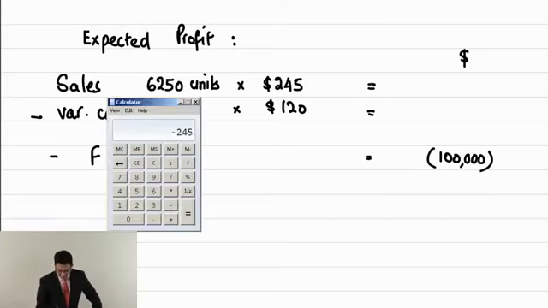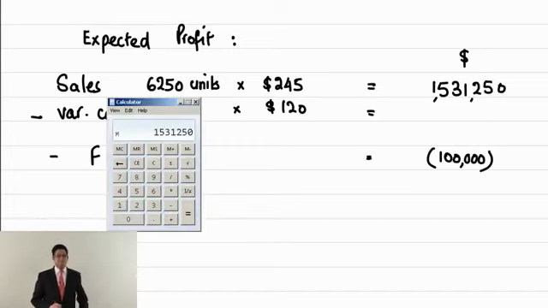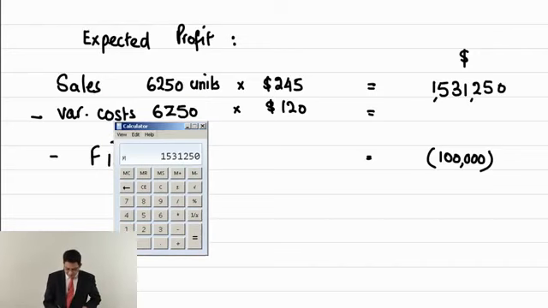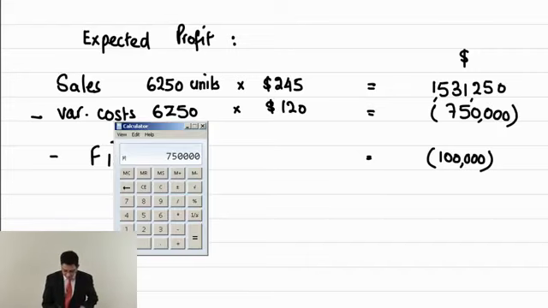So here is my calculator, 6,250 into 245, giving us total revenue of $1,531,250. And then 6,250 into 120, variable cost is $750,000, and then $100,000 is the fixed cost as well.